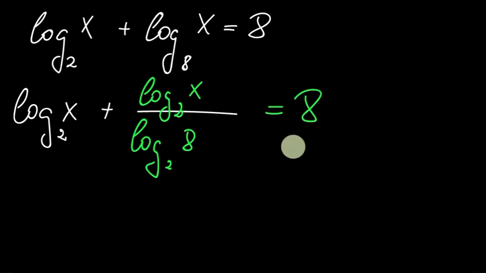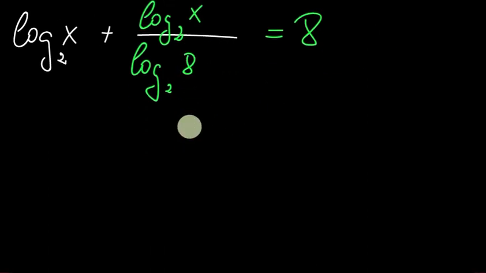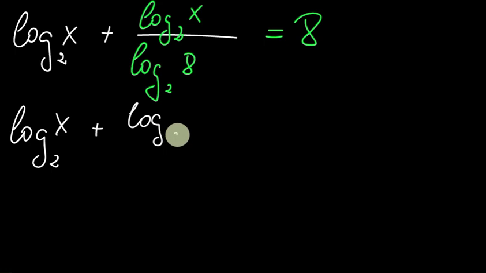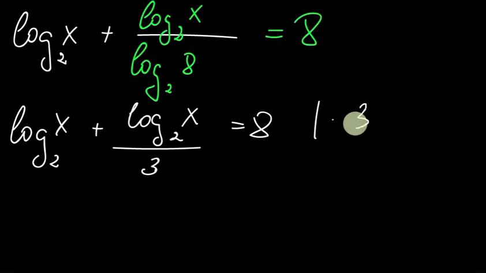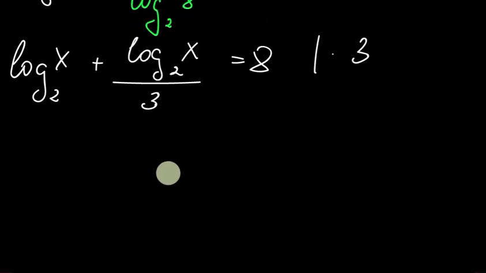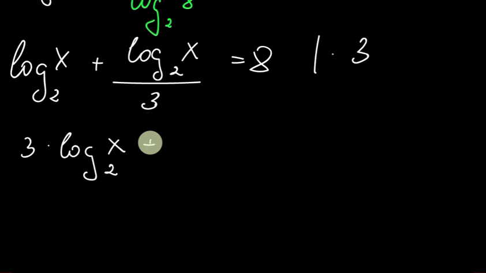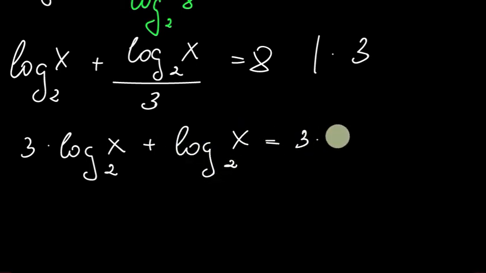Now this will give us 3, okay? This will give us 3. So okay, let's write that. Logarithm base 2 of x plus logarithm base 2 of x divided by 3 is equal to 8. Now let's multiply this by 3 to cancel this 3, and we get that 3 times log base 2 of x plus log base 2 of x is equal to 3 times 8.